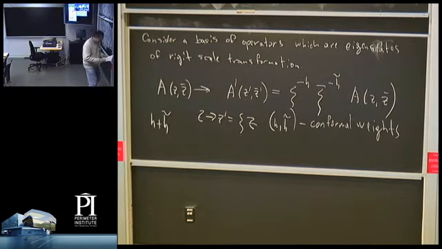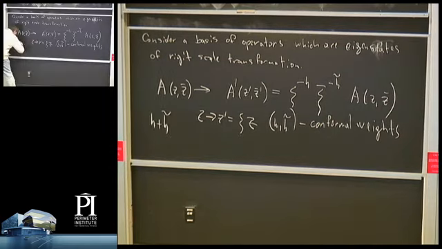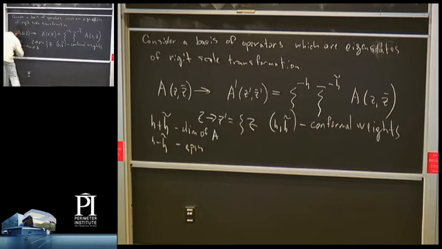You can sort it out for yourself. So the sum of these two numbers is related to the dimension of the operator, dimension of A, and the difference is the spin. And by spin, I mean the charge under rotations on a plane.